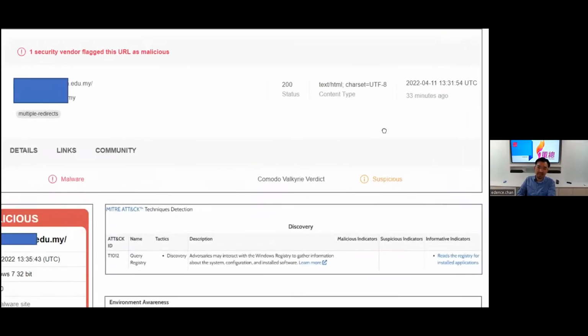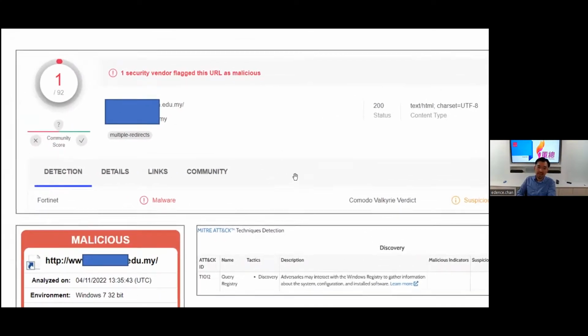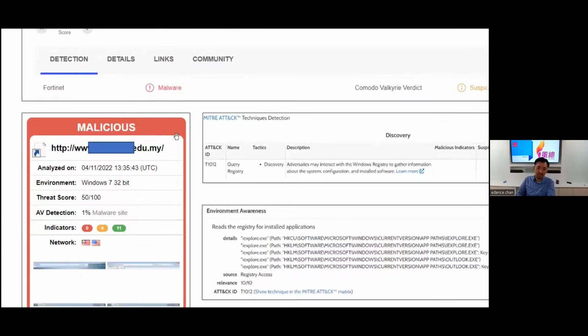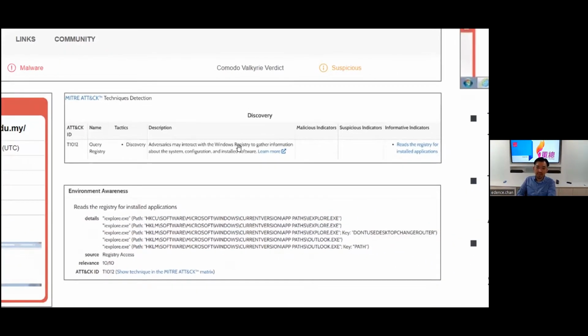We did a scan of your school system on the 11th, a few days ago. Most of the vendors out there classify your school's portal as malware. Why is this happening? Because some of the code running in the portal has malicious activity to scan the user registry file.